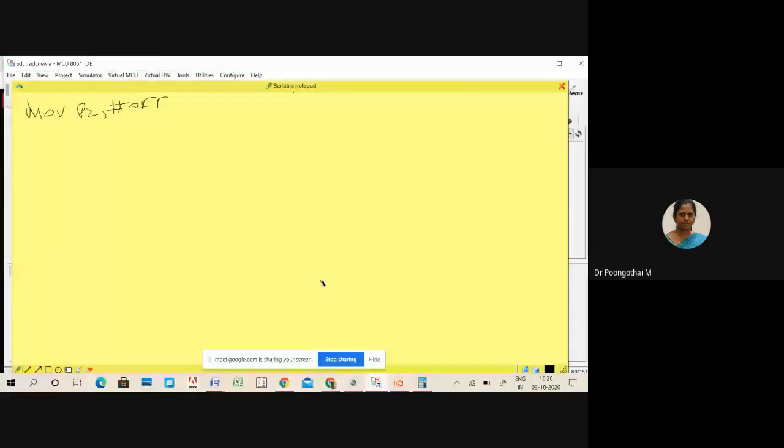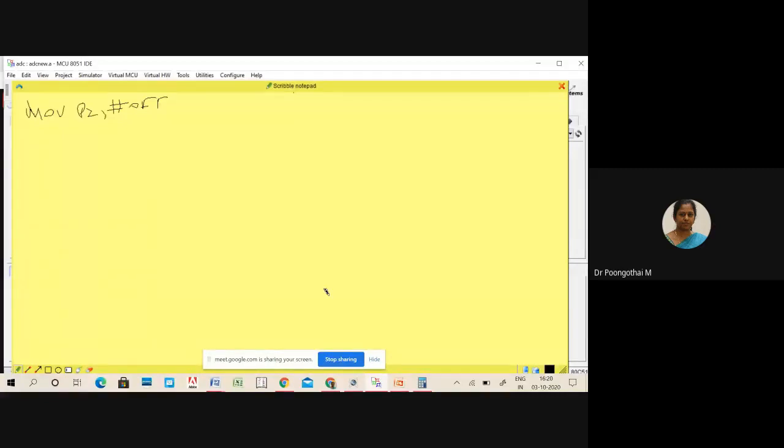Ma'am, your screen is not visible. Is it visible now? Yes, ma'am. So first you have to make P2 as input port. For that, write 0FF to P2. So that is the first step.